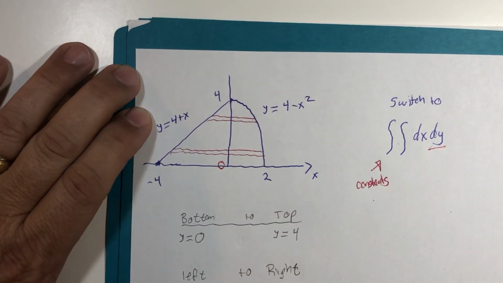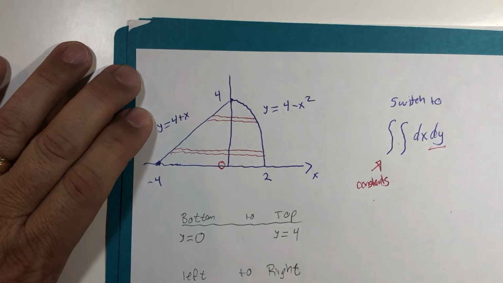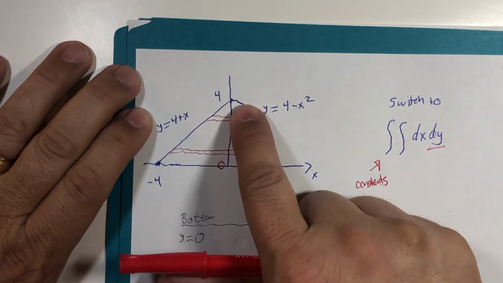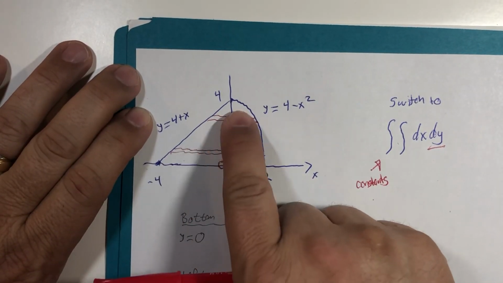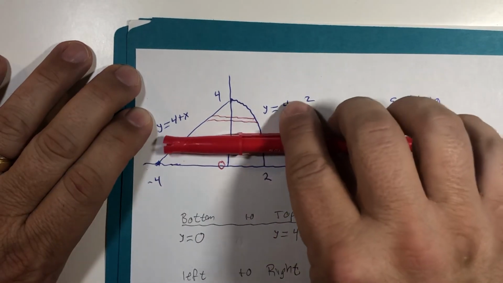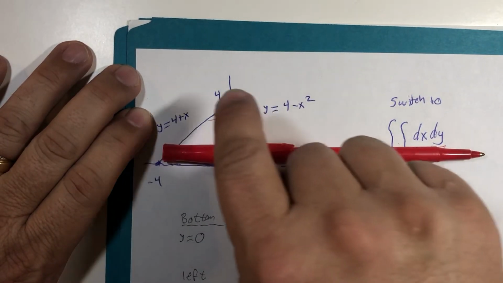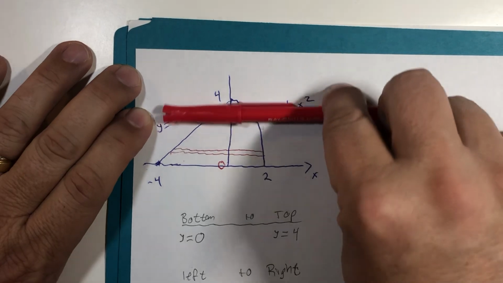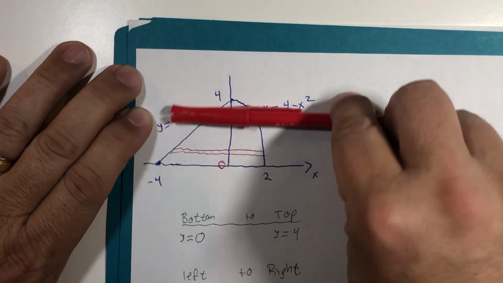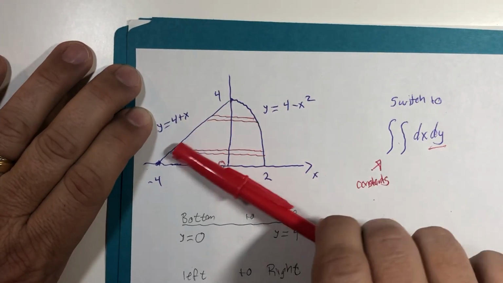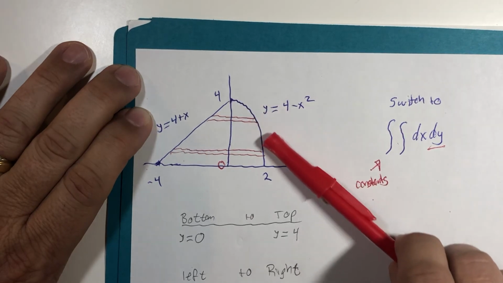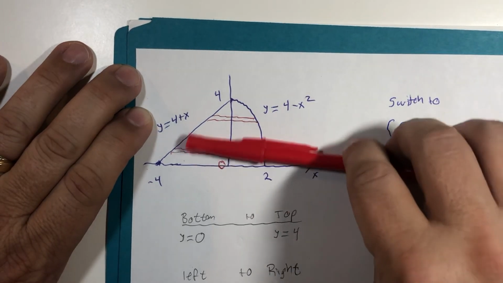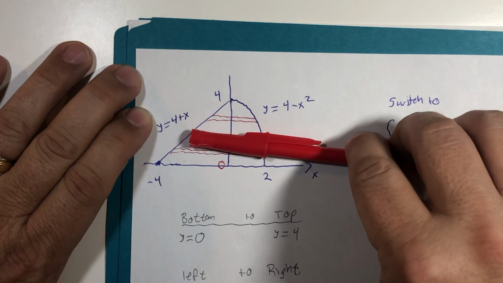It looks like all the way from the bottom to the top, the left boundary is going to be this line, and the right boundary is going to be this parabola. No matter where we are from y equals 0 to y equals 4, the line is the left and the parabola is the right. There's no jumping between different regions.